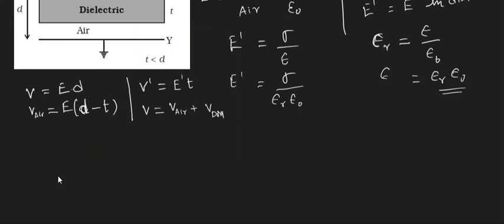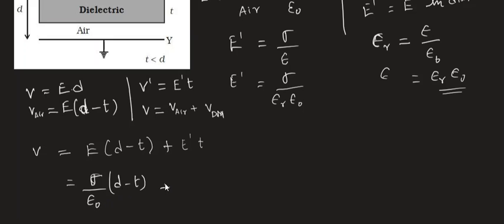So therefore the total potential is given by what? E into d minus t plus E dash into t. So we know E is nothing but sigma by epsilon naught, is it not? And into d minus t. And what about this one?